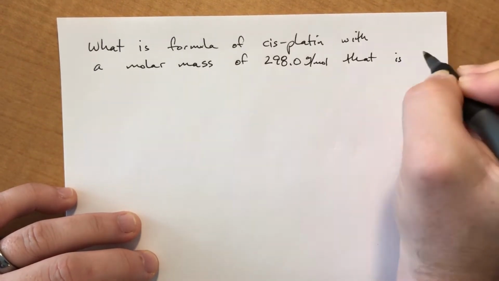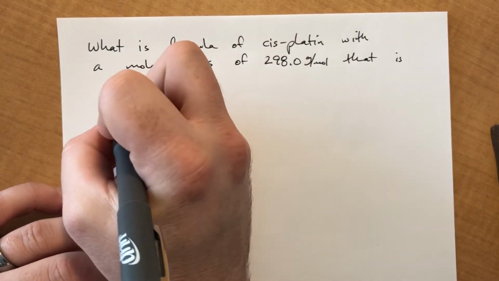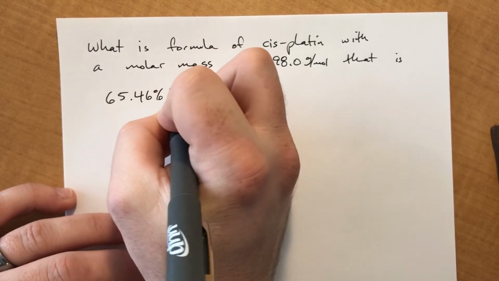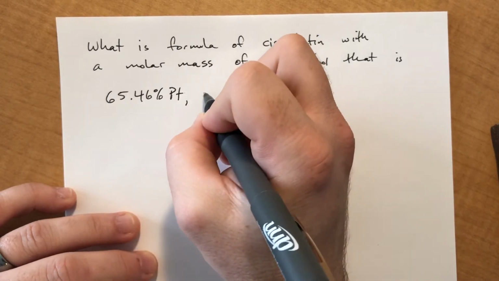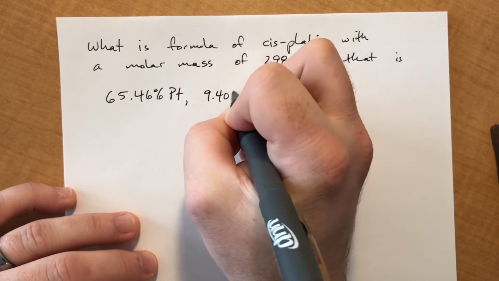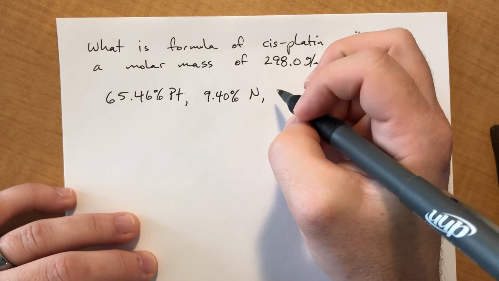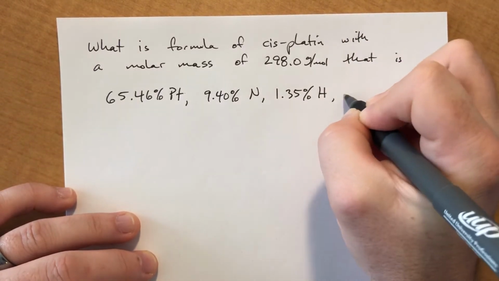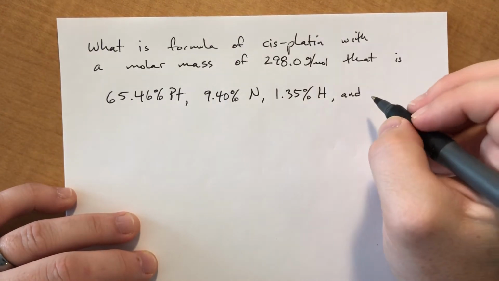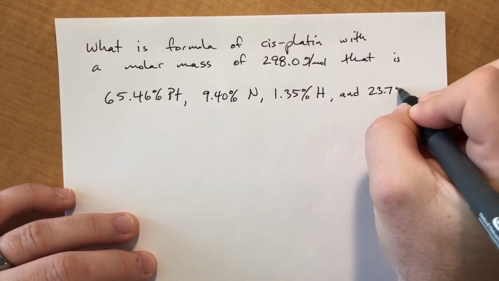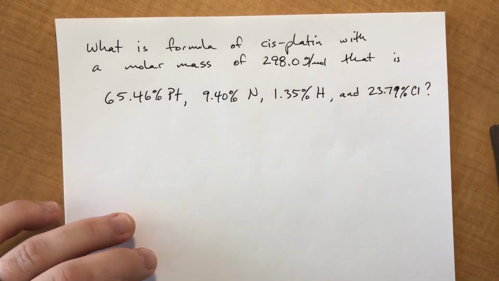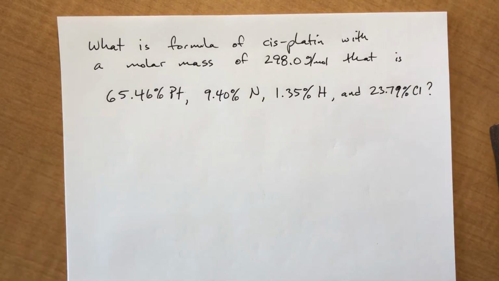That is 65.46% platinum, 9.40% nitrogen, 1.35% hydrogen, and 23.79% chlorine. Okay, so same thing we just did, just different numbers, so new problem.